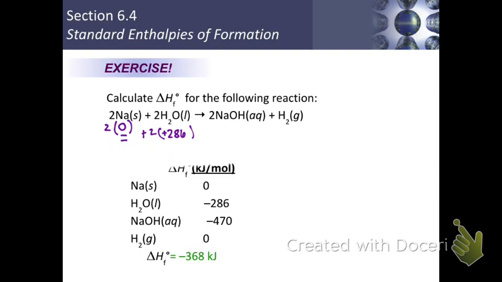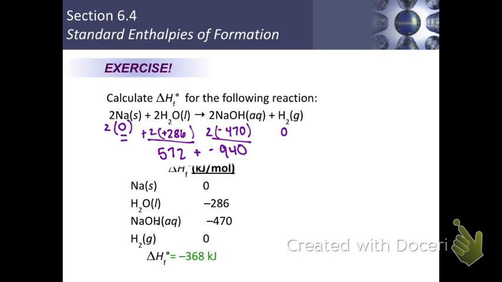My sodium hydroxide, aqueous, has a value of negative 470. Can I keep that one negative? Yeah, because it's on the product side, and then H2 is still 0. So I'm going to figure out what those values come out to be. Let's calculate those values. 286 times 2 is 572, plus 470 times 2 is negative 940.